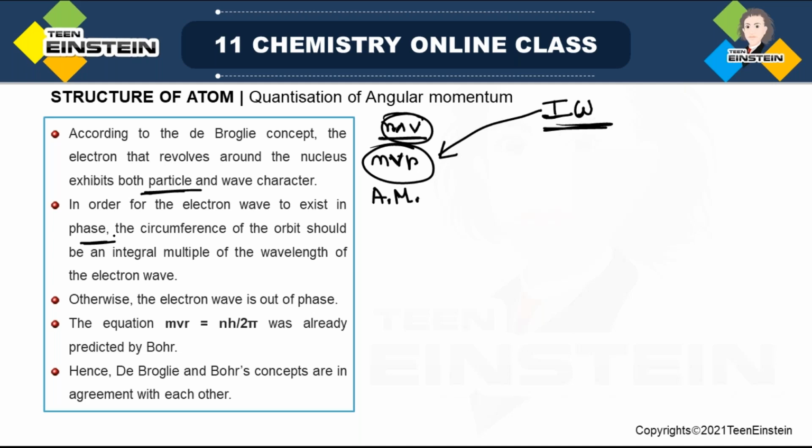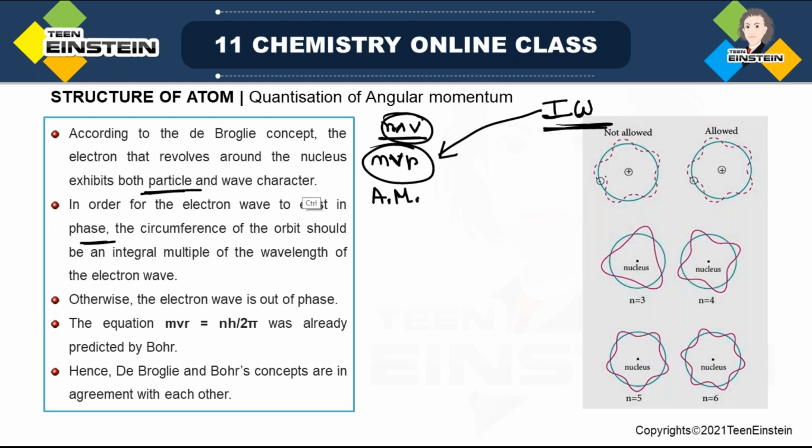If it has to exist in phase, then the circumference of that orbit, in which the electron is rotating, should be an integral multiple of the wavelength of that particular electron.